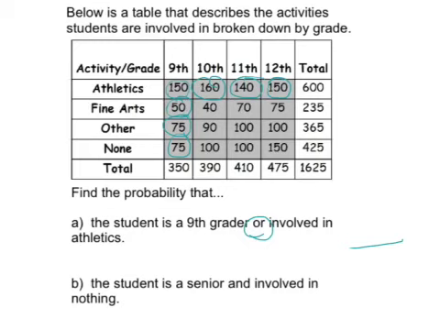My grand total is 1625, and out of those 1625, 800 of them are either a 9th grader or involved in athletics. Then question B asks for the probability that a student is a senior and involved in nothing. That's going to be these 150 students out of 1625. So check those answers, see if you got them right.